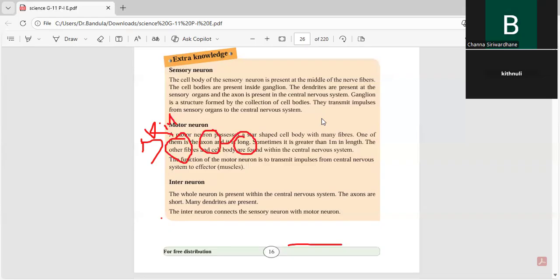Axons are short. Many dendrites are present. The interneuron is connected to the sensory neuron and the motor neuron. This small one is in the middle between the sensory neuron and the motor neuron. Clear?